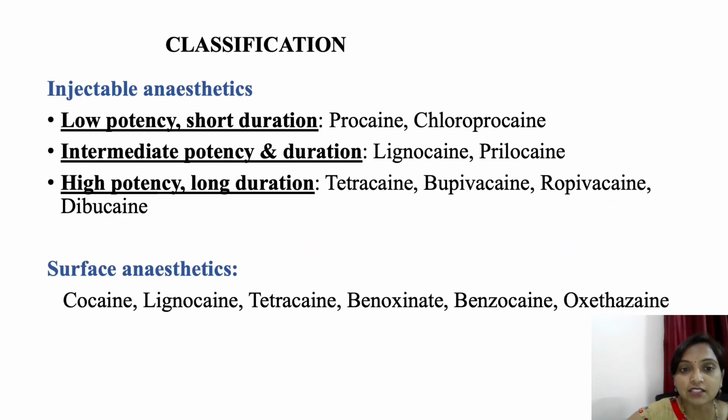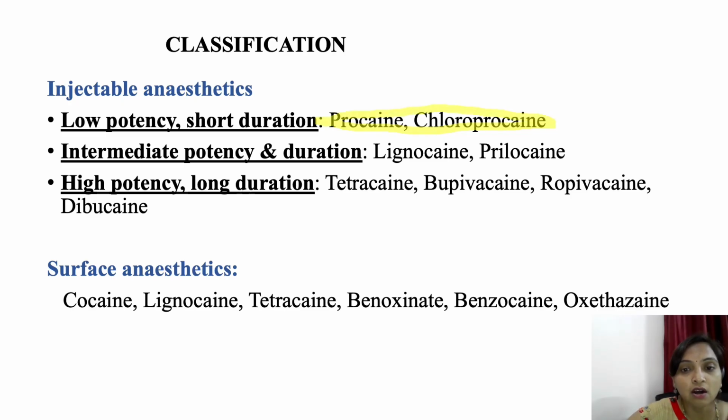Based on their efficacy and potency, they are also classified, and based on the route of administration also. So injectable local anesthetics, based on their efficacy: low potency and shorter duration of action are procaine and chloroprocaine.